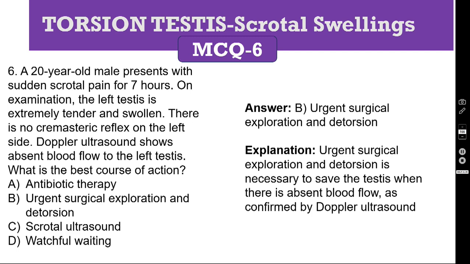Not only on the affected side, even the normal side you have to explore. If the patient is having bell clapper deformity, most of them will have this problem on both sides. So you have to do prophylactic fixation, orchidopexy, even on the normal side. This is very important. Please remember this point.